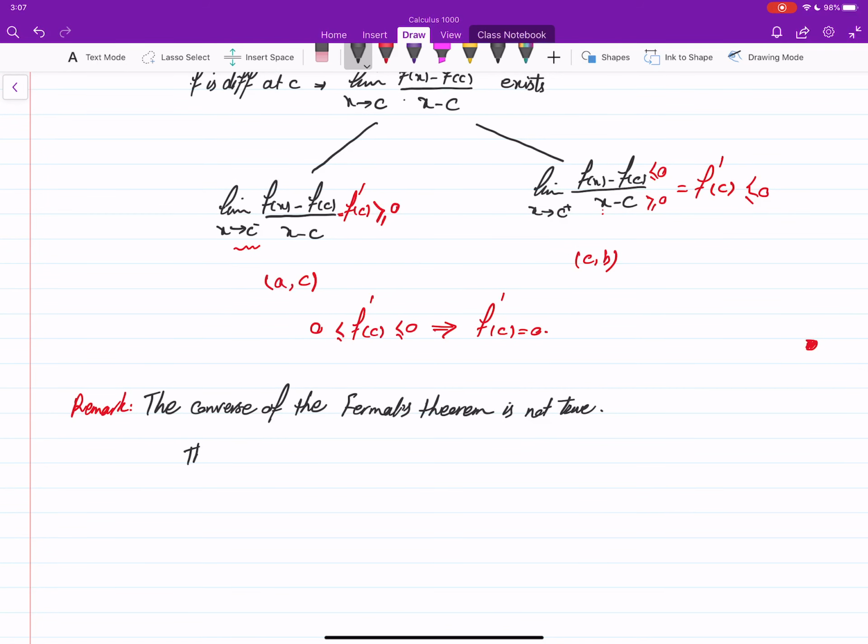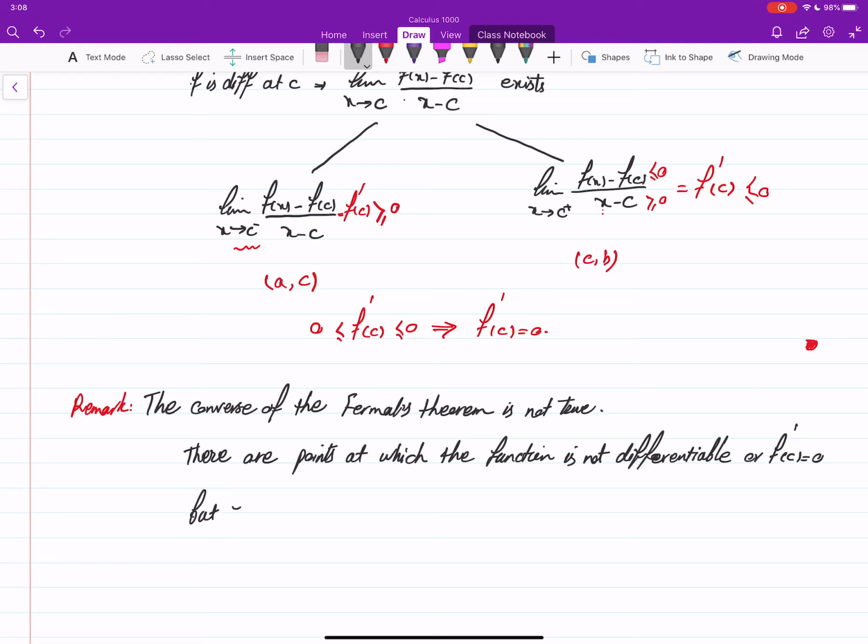That means that there are points at which the function is not differentiable, or it is differentiable and the derivative is 0, or f prime of c is equal to 0, but f has no local max or min value at those points.